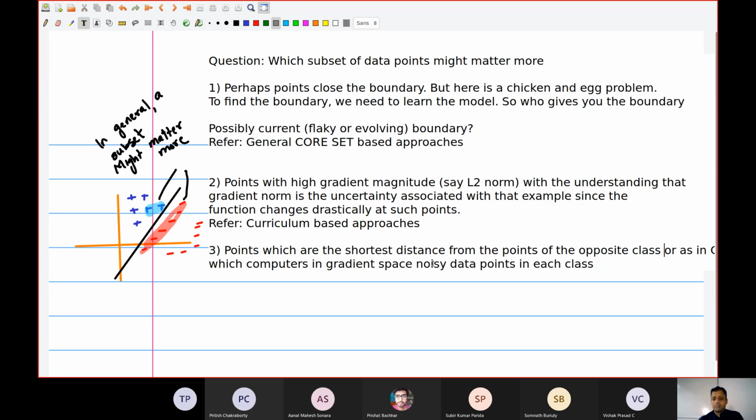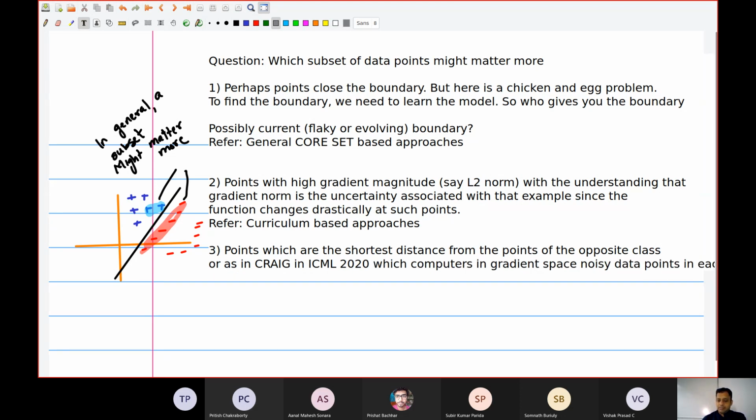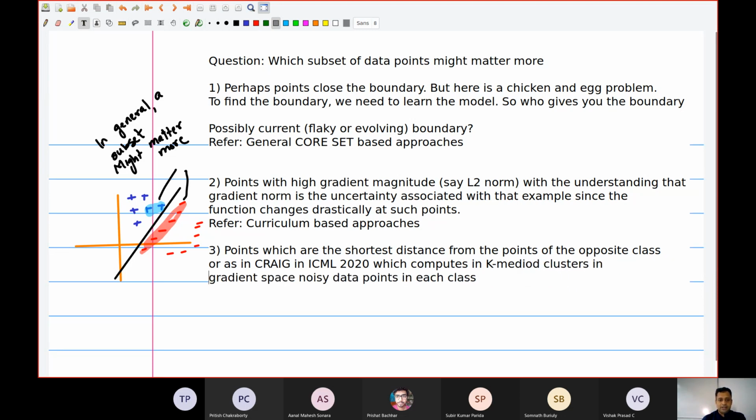Craig in ICML 2020 computes gradients, computes k-medoid clusters in gradient space, so that the remaining points are noisy points.